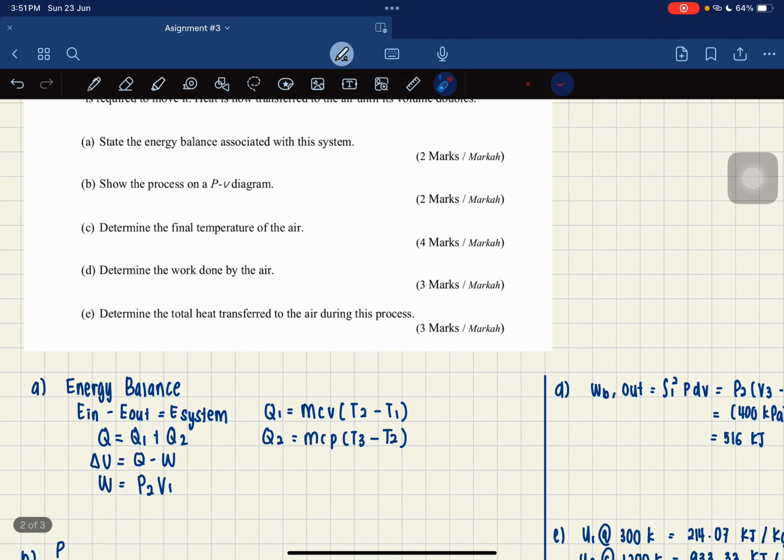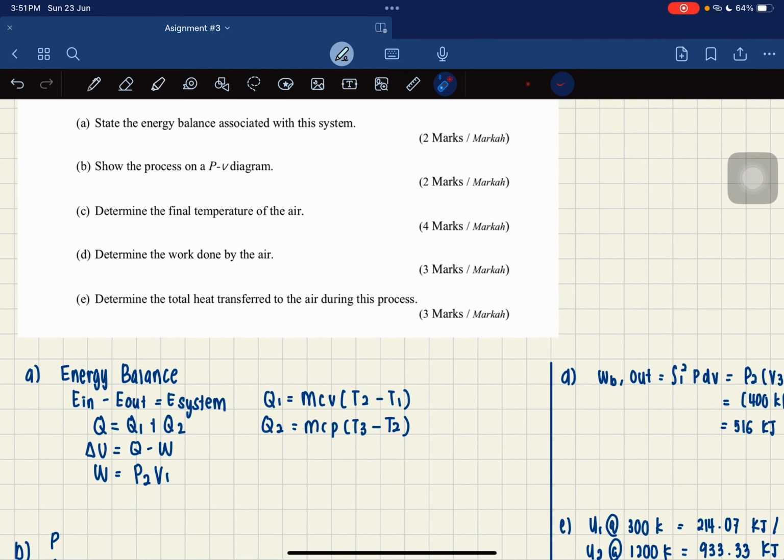The first question, A, is to state the energy balance associated with this system. The total heat added Q to the system can be split into two parts: Q1, heat added during the isochoric process, and Q2, heat added during the isobaric process. The energy balance formula is E in minus E out equals E system. Q equals Q1 plus Q2.